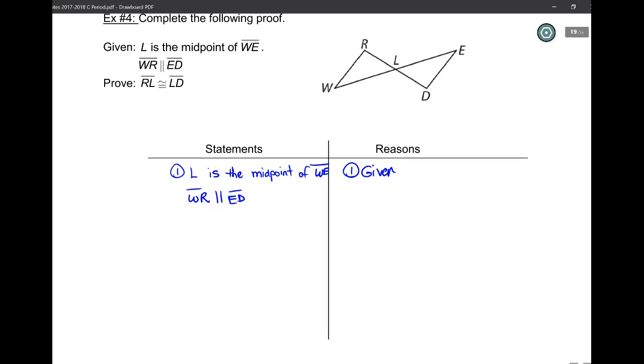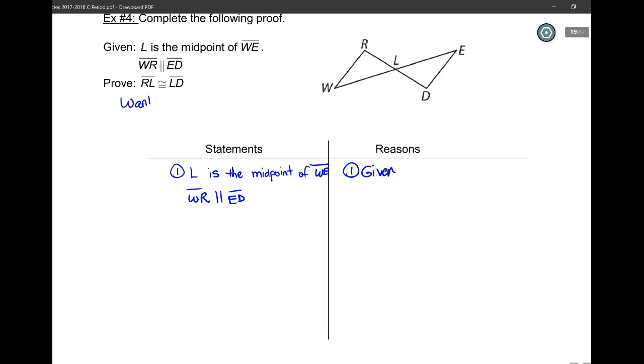Now you'll notice that in my proof, I'm not proving triangles are congruent, I'm proving RL is congruent to LD. So my goal is actually, let's try to get the two triangles congruent, and then we can prove by corresponding parts of congruent triangles that they're congruent.